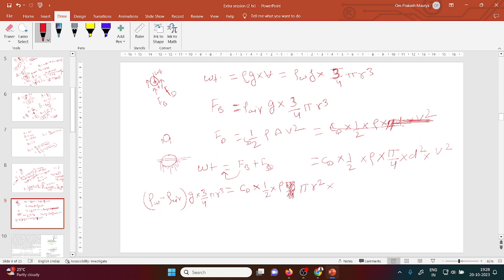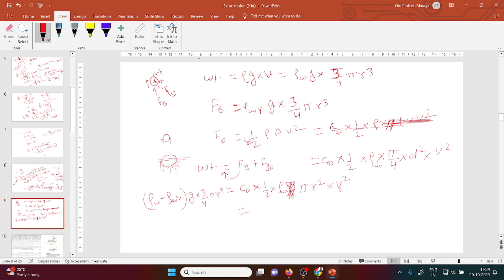On the LHS, sir, we have to write rho W by rho air, but we have written rho air only above. This is rho air, the left side. Rho W minus rho air, not divided by, minus. Yes, minus, and the v square. If you equate, then this v is the terminal velocity.